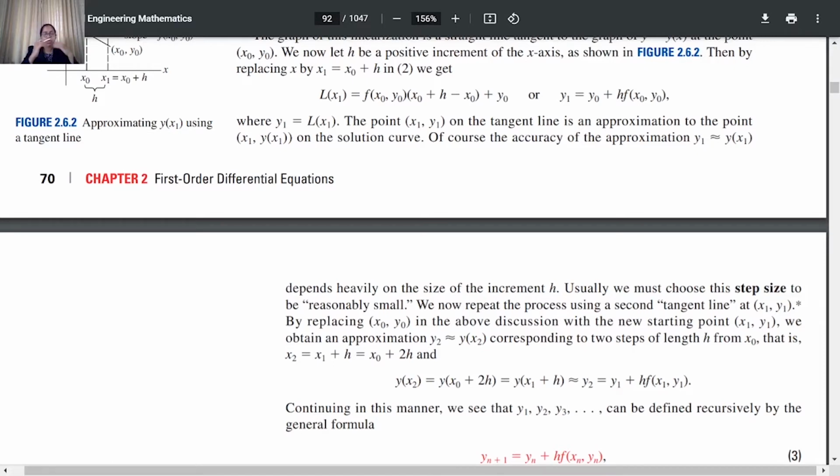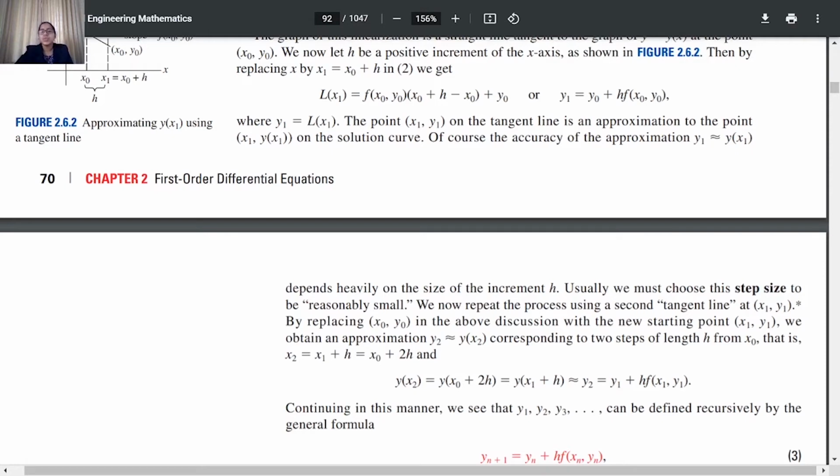In the first step the initial value was x dot y dot, and we brought a change, we replaced x by x dot plus h, which is x1. And in the next step x1 y1 will be our initial value, and we'll bring about the change. X1 will be replaced by x2, and x2 will be nothing but x1 plus h.